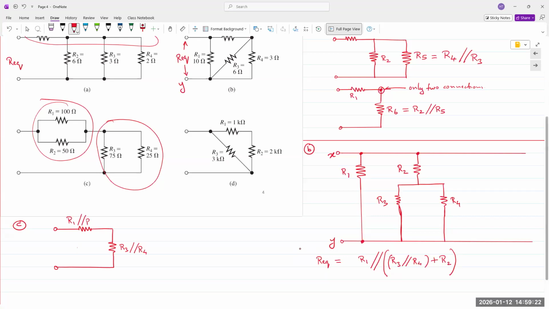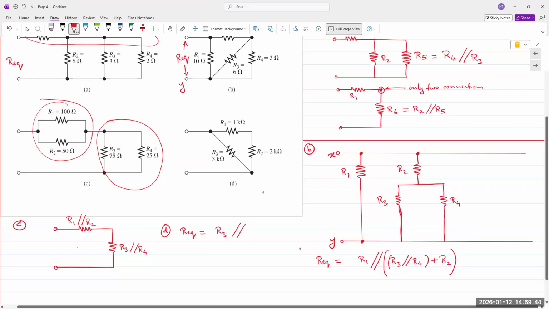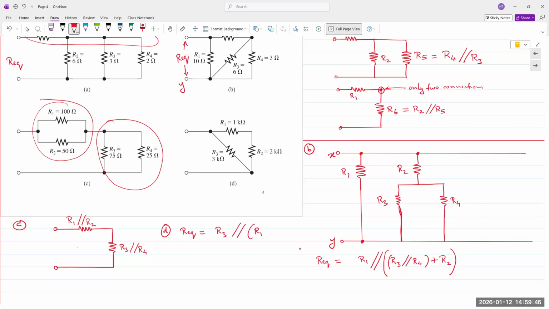And this one is R1 parallel R2. And D is rather straightforward. You have REQ is equal to R3 in parallel with R1 and R2 in series.